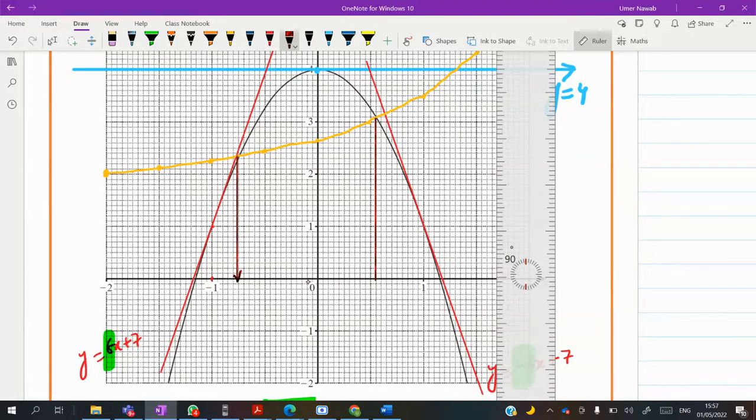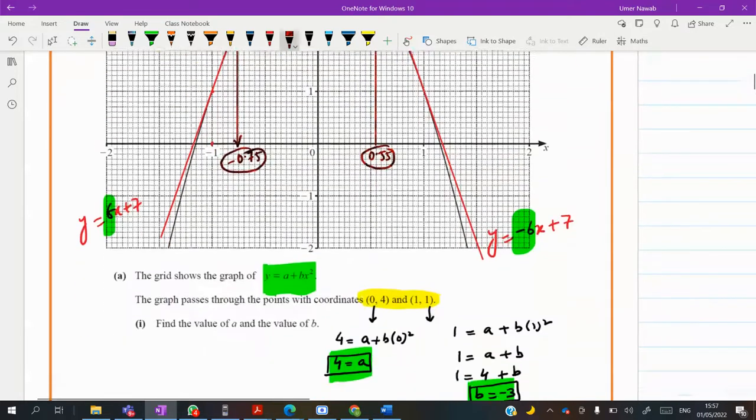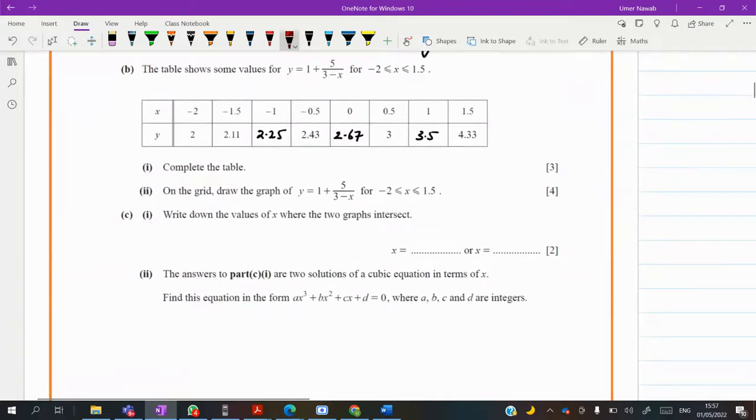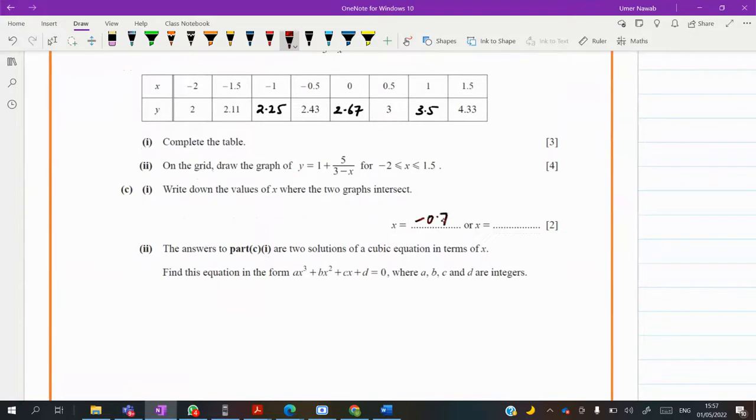This point is minus 0.75, and this is 0.55. So minus 0.75 and 0.55.